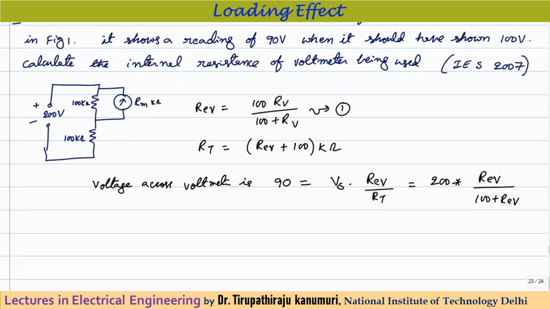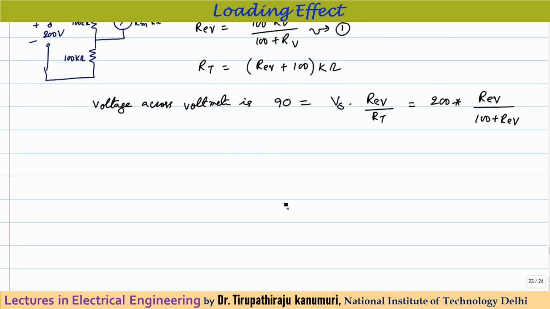From this I can simplify further. So 90 is equal to 200 divided by, bringing this R equivalent to the denominator, 100 divided by R equivalent plus 1.